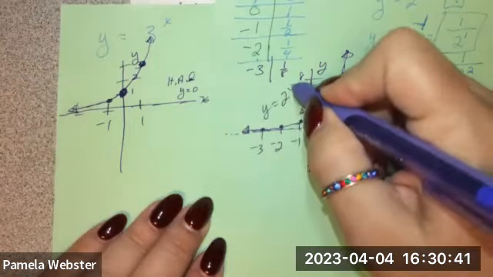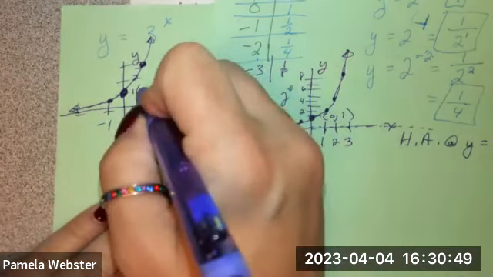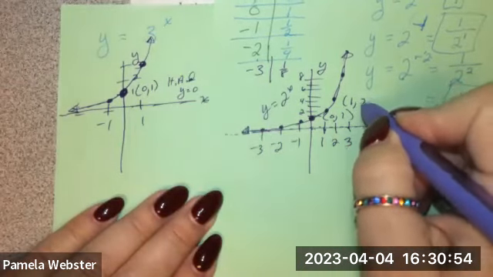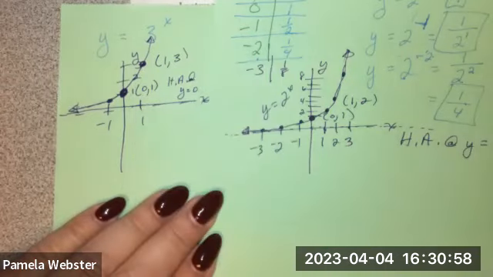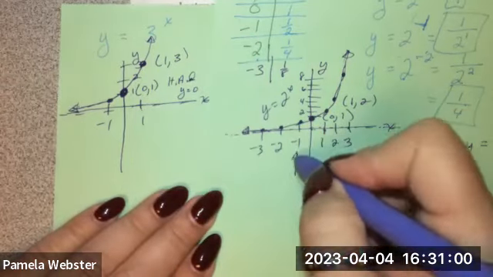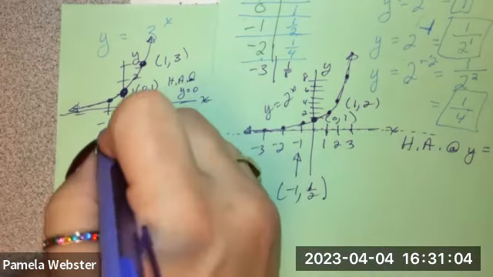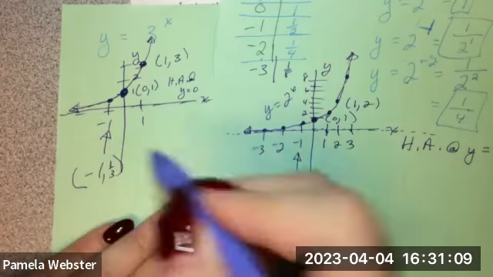Y equals 2 to the x. Here is my y equals 3 to the x. And I'm feeling like we see some similar stuff. Both of them have this point 0, 1. This point is 1, 2, whereas this point is 1, 3. This point is -1, 1/2, whereas this point is -1, 1/3.